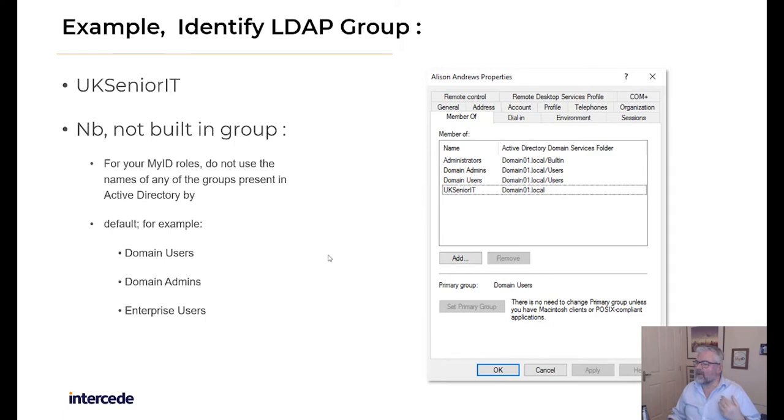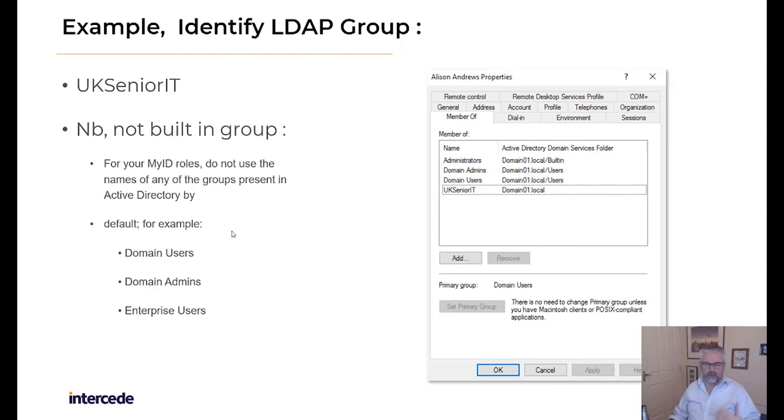So here we're looking at an LDAP group we've created. This is Alison Andrews, and she's a user who is domain admin. Gosh, she's a powerful user. So we've given her a UK Senior IT group membership within LDAP. It's just something to be aware of: don't choose names for these LDAP groups which are the same as the Windows system groups.